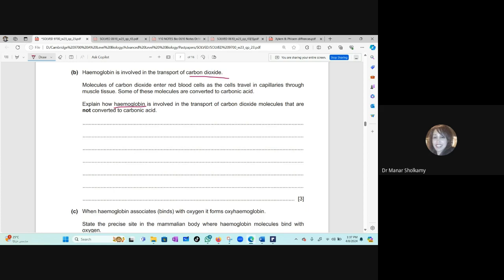Remember, we said the carbon dioxide is either transported in the plasma or in the red blood cell. And in each situation, it either reacts with water or it does not react with water. Remember this diagram? If it reacts with water, then it will be carbon dioxide plus water, carbonic acid, and it will dissociate and so on.